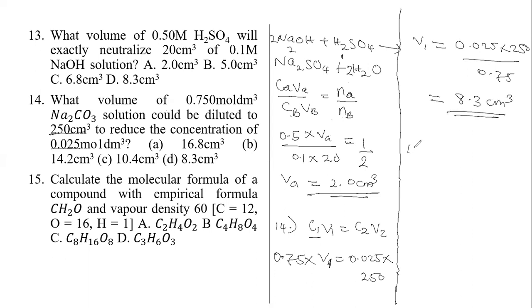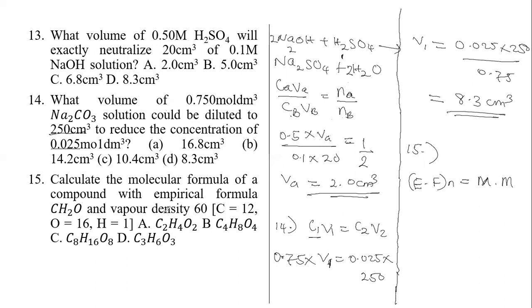All right. Now, question number 15 says: calculate the molecular formula of a compound with an empirical formula C2O and vapor density 60. Now, you can remember that empirical formula multiplied by n is equal to molecular mass.